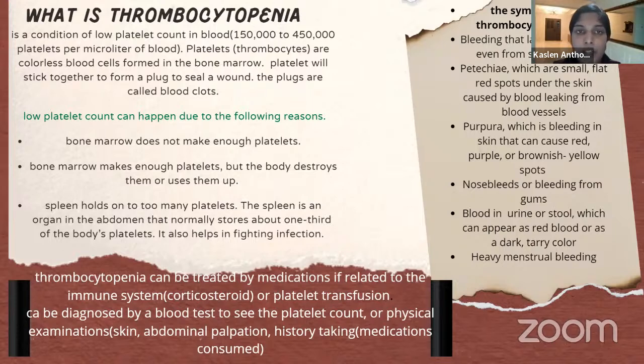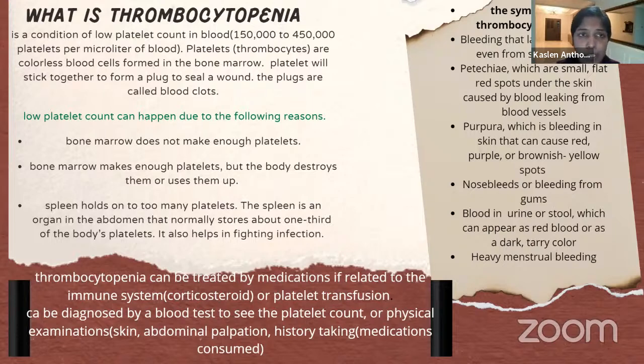Whenever it's lower than 150,000, it is considered thrombocytopenia. Platelets, which we can also call thrombocytes, are colorless blood cells formed in the bone marrow. Platelets stick together to form a plug to seal a wound. The plug is called a blood clot.